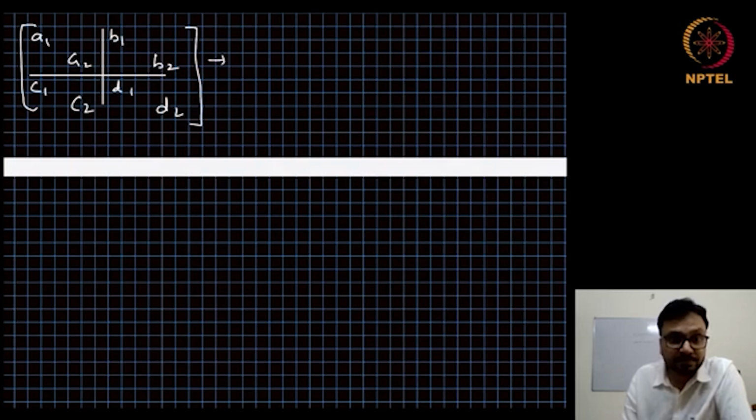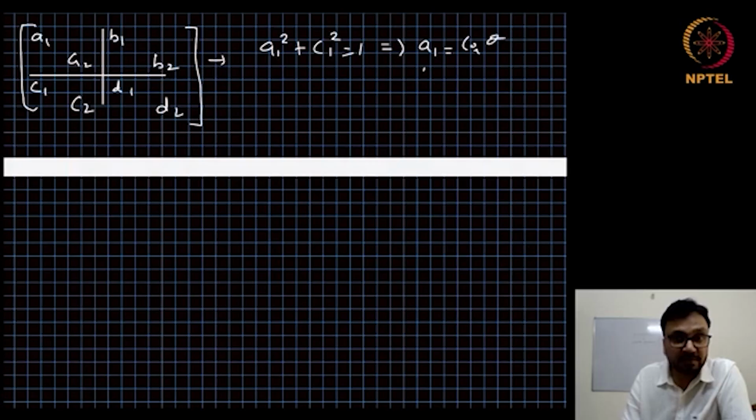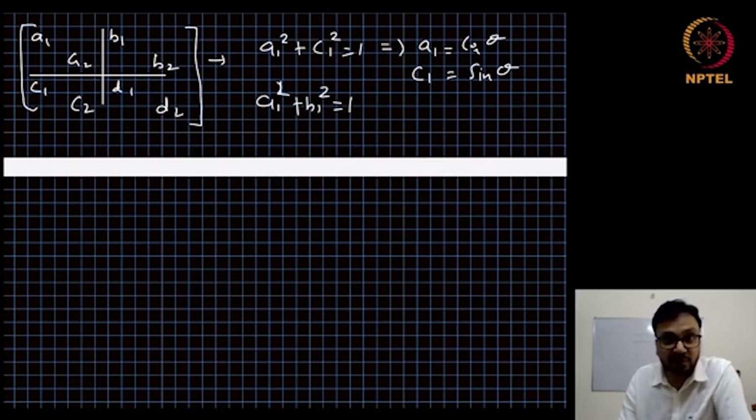It means we have A1 squared plus C1 squared equals 1. This implies that we can assume A1 is cos of theta and C1 is sine of theta. Okay, we are fixing the sign here. This is what was about the first column. Now the first row says A1 squared plus B1 squared is 1. Then we know A1 is cos theta.